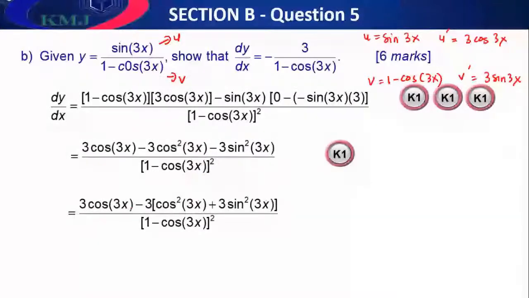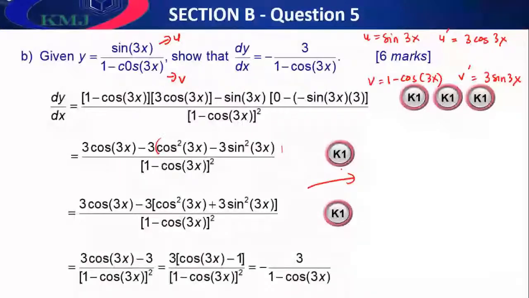So you will get 3 cos 3x minus 3 cos squared 3x plus 3 sin squared 3x. We factorize cos squared and sin squared. By using the properties, remember, cos squared 3x plus sin squared 3x is equal to 1.